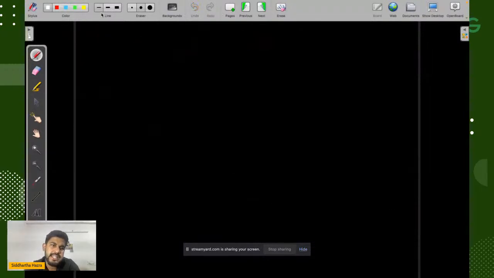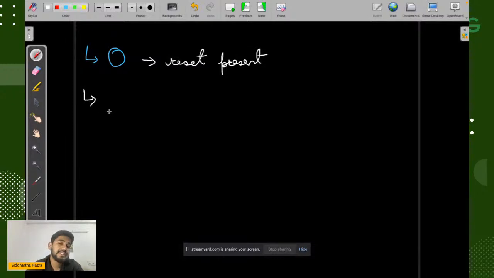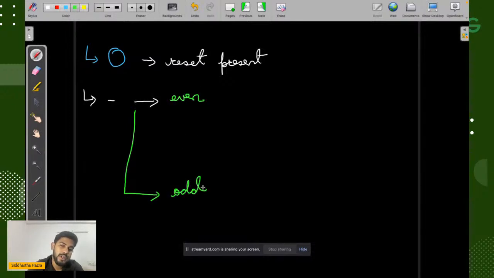So now we can say that if we receive a 0, then we don't have any option, because the presence of 0 would disrupt the whole answer. So we would reset the present answer. If we receive a negative value, then we have two conditions left: one is that the number of negative values is even, the other is that the number of negative values is odd.